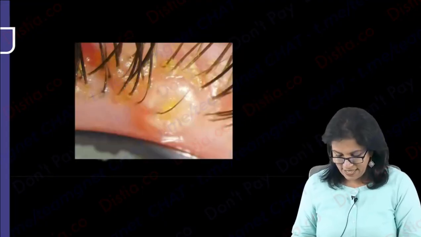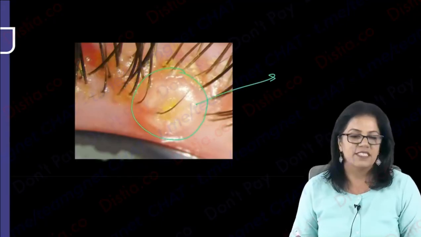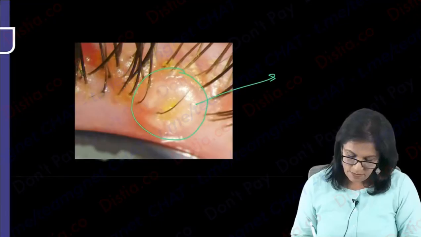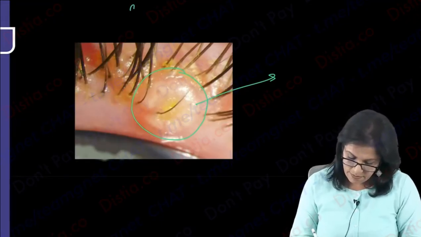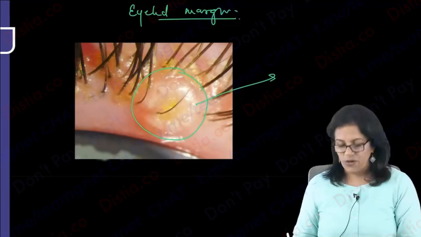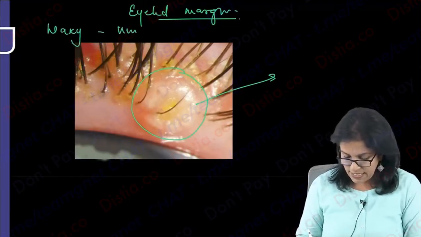Right? Can you see this waxy round lesion here? This is molluscum contagiosum. The lesion is in the eyelid margin, showing you this waxy umbilicated nodule. We describe it as a waxy umbilicated nodule.